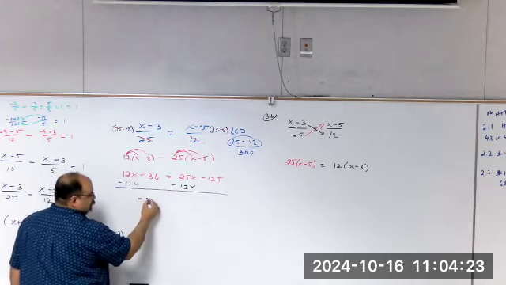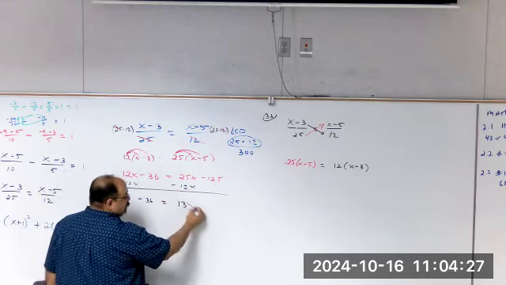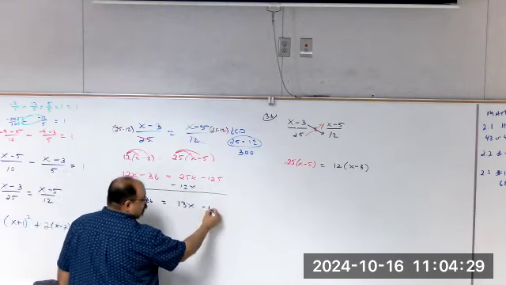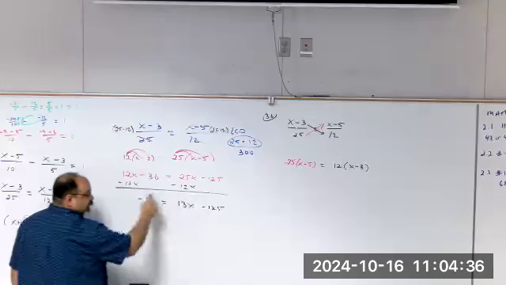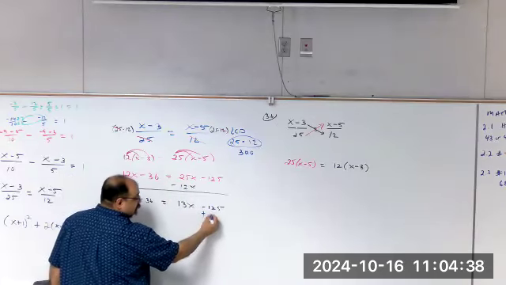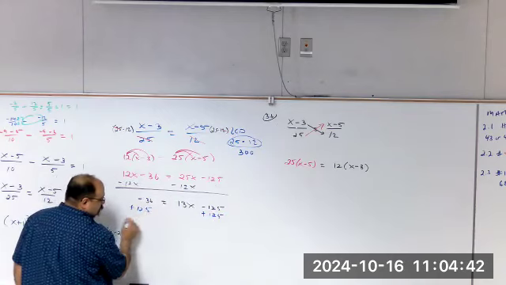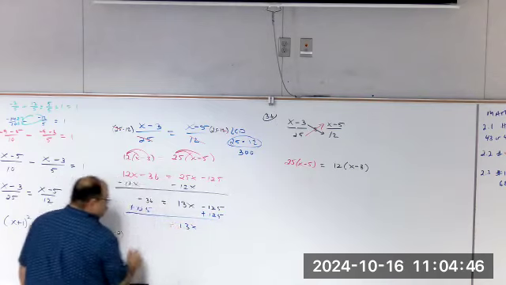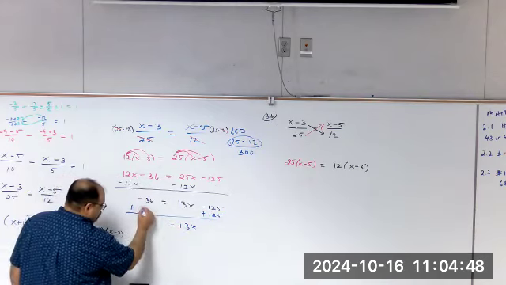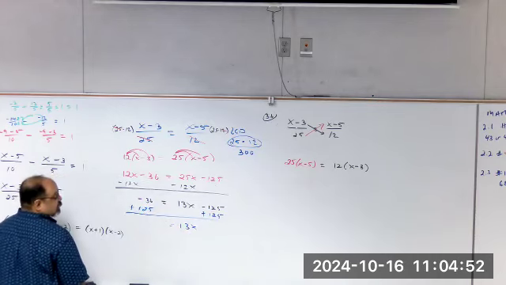Get negative 36 equal to 13x minus 125. Bring the 125 to the left side, add 125. Then we get 13x, and that's equal to 88.